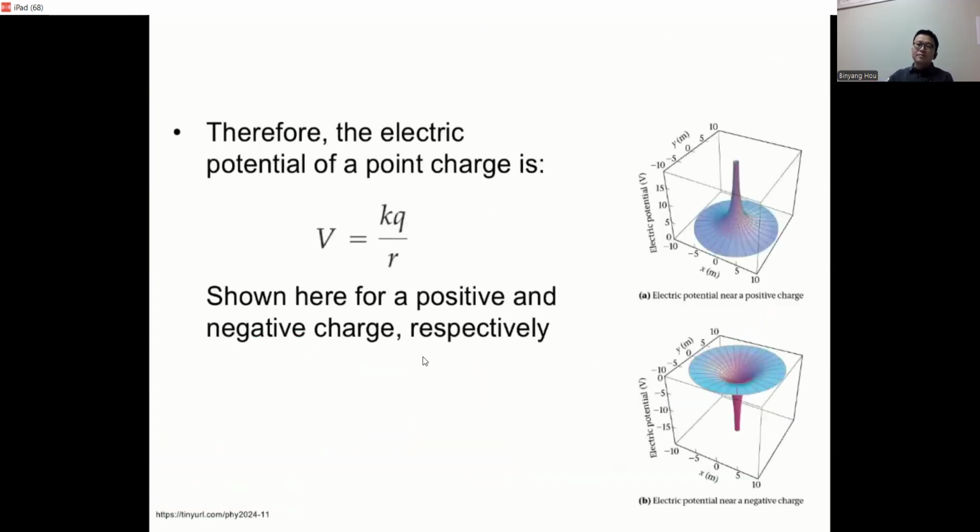Now, because V is equal to kQ over r for point charges, at the location where the charge is sitting, r is equal to zero. So the electric potential at that point will diverge, because kQ over zero goes to infinity. If you have positive charge, at the location of the charge you actually have infinite potential.